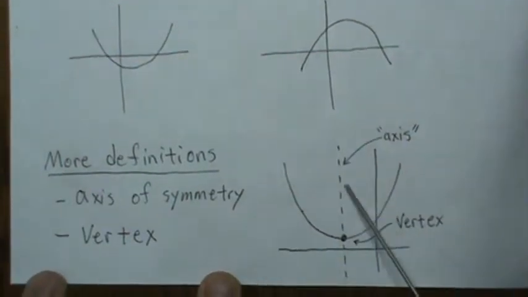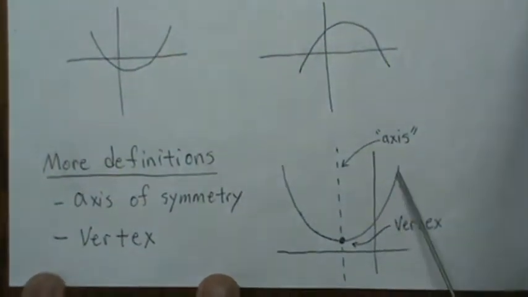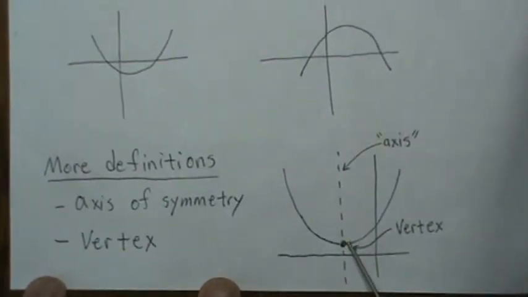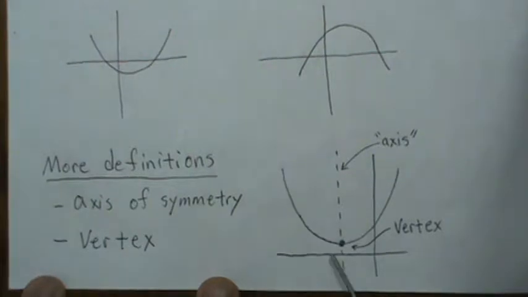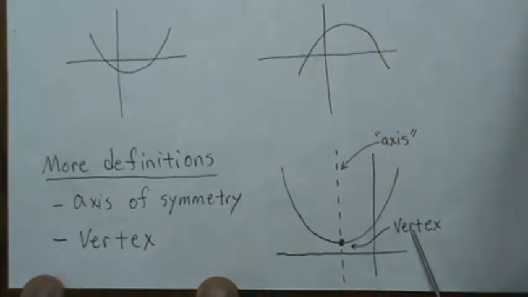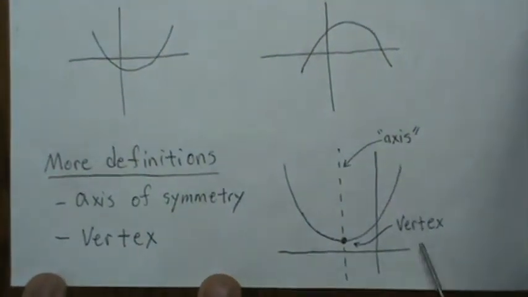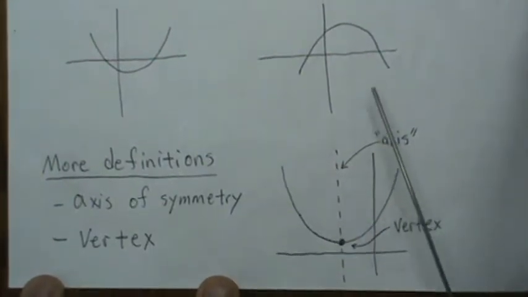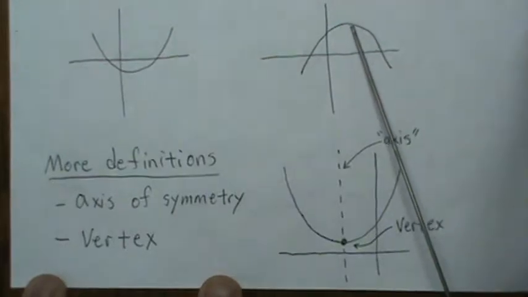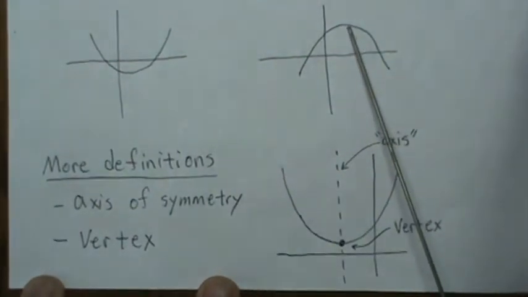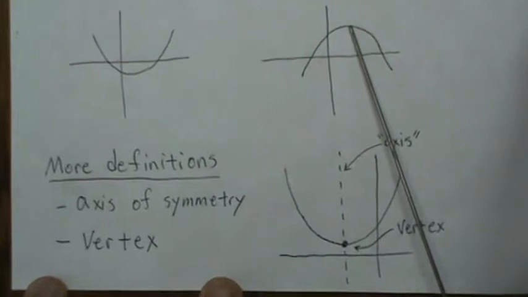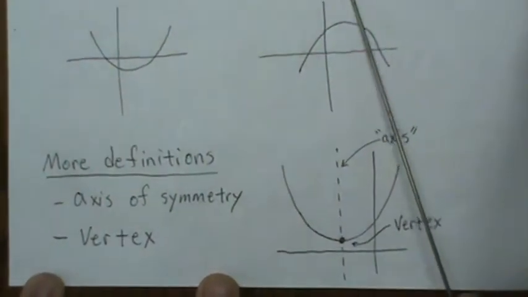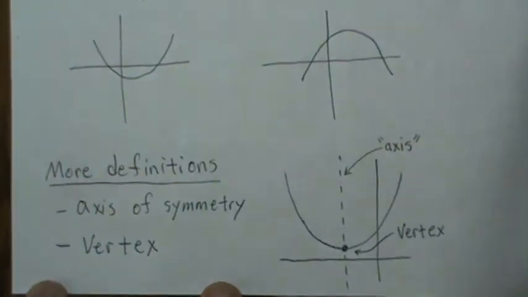Okay, so this is called the axis of symmetry, and in this example, at some point there's a lowest number and then it starts to go back up, and that lowest point is called the vertex, and then we'll find how to find those. And in this example, at some point it'll get larger and larger, then it starts decreasing, and that spot is called the vertex, and it also has an axis of symmetry.